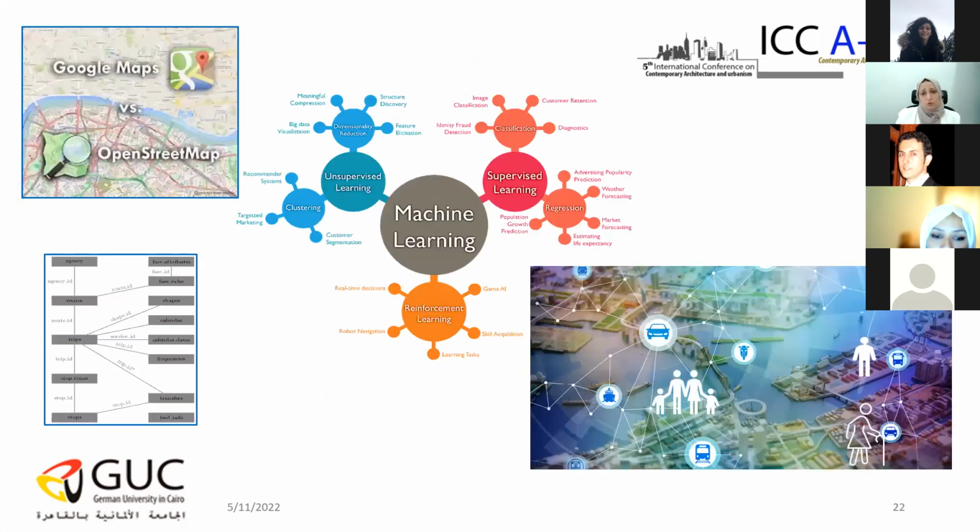So in our model, we needed 3 things. We needed a map platform, and we have many mapping platforms now available, and we need the data itself, the transportation data, and then through different machine learning algorithms, we can provide the information for the user through the mobility as a service.